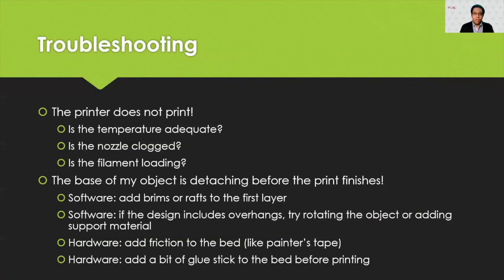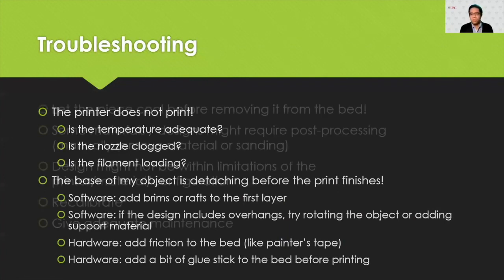Other solutions are in terms of hardware. For example, we might need a higher friction coefficient between the printer bed and our object. So adding something like printer's tape might just be the trick that we need. One last option would be adding a little bit of glue stick to the printer bed before starting the print. Some filaments might actually require these kinds of things.